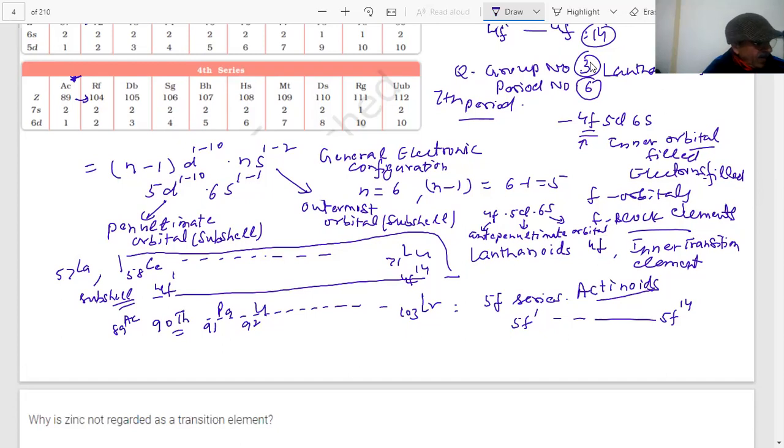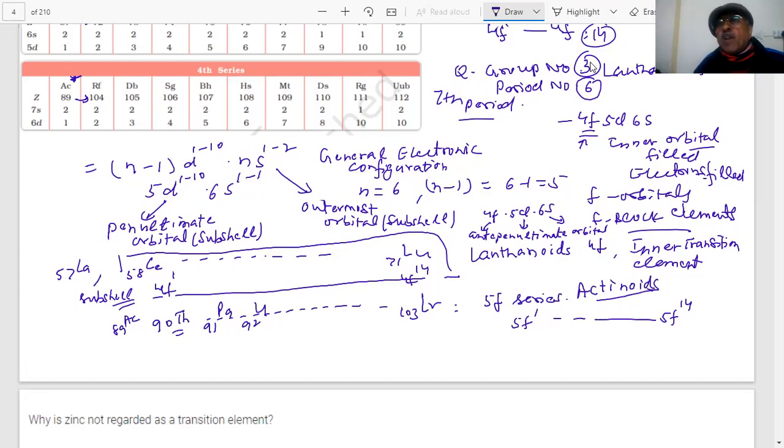Uranium, neptunium, all these radioactive elements go up to 103. Here the 5f subshell is being filled, students. How many will there be? 14. After that, again, this series is incomplete. But we have two series, lanthanides and actinides, which are called inner transition elements.